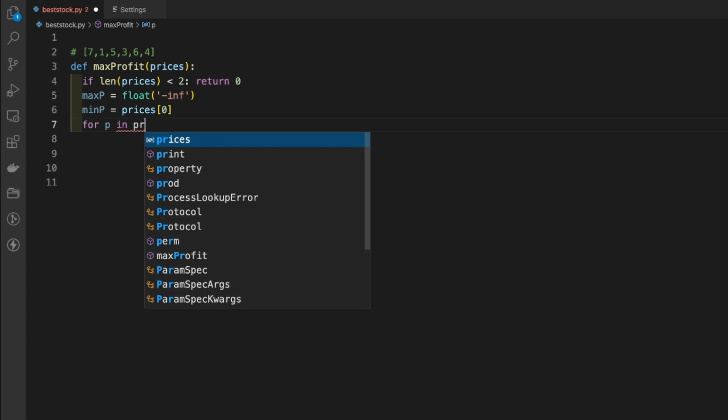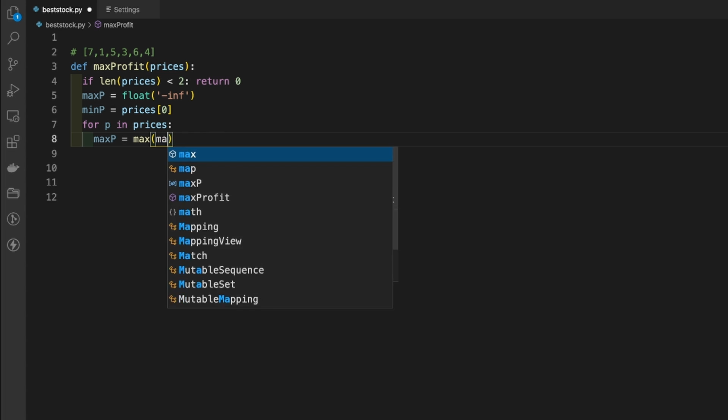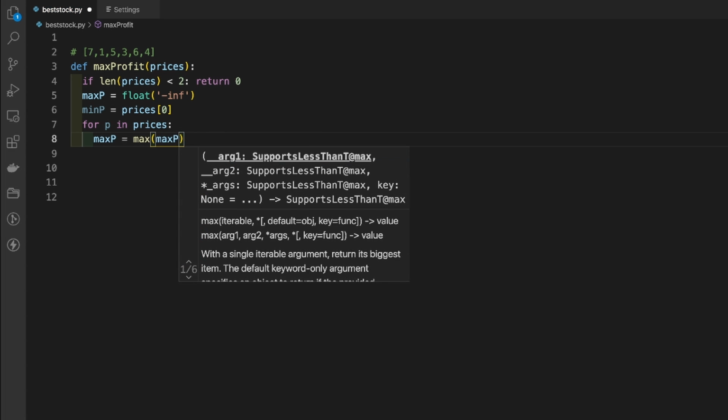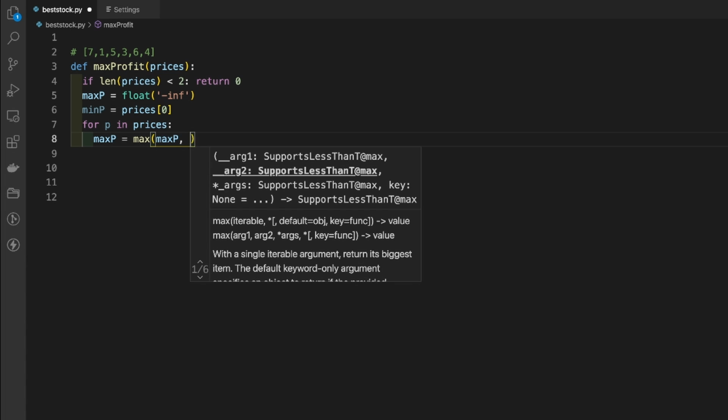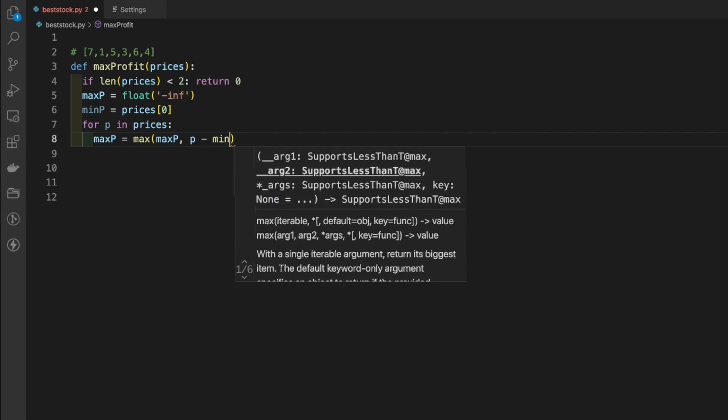So for p in prices, we are going to go through our array, and our max p is going to be equal to the max between our current max p, which is negative infinity, so it's just any number. It could be 0, whatever we have right now, which we'll just pretend is 0. And then that's going to be compared to what our current profit is minus our min p.